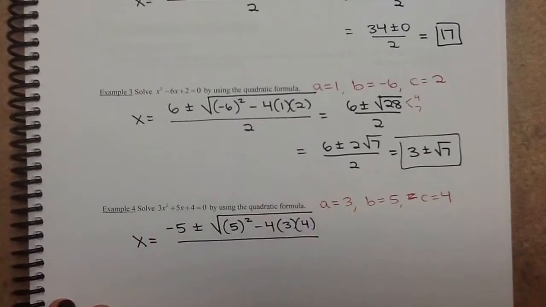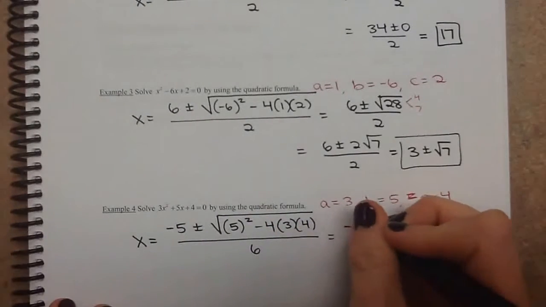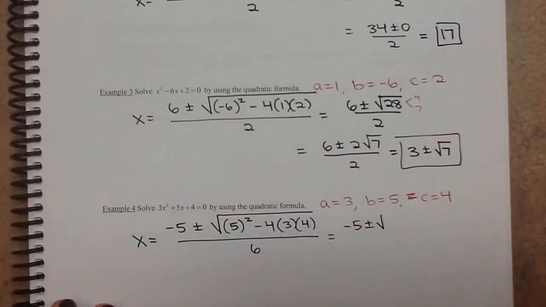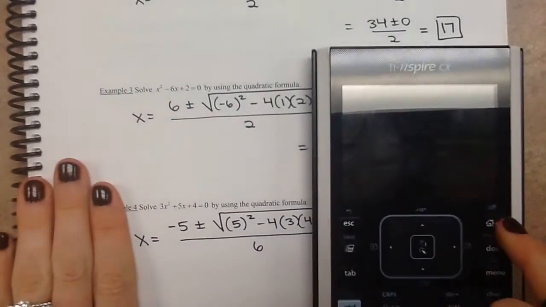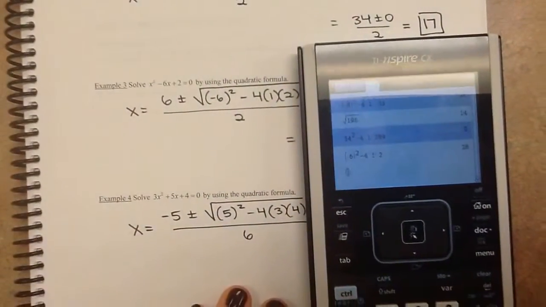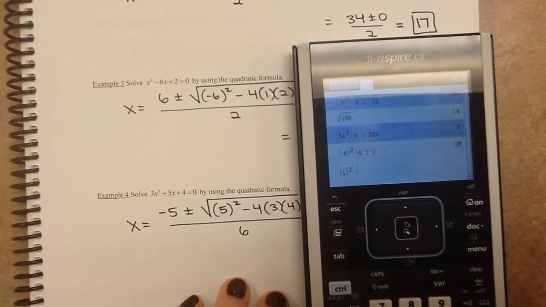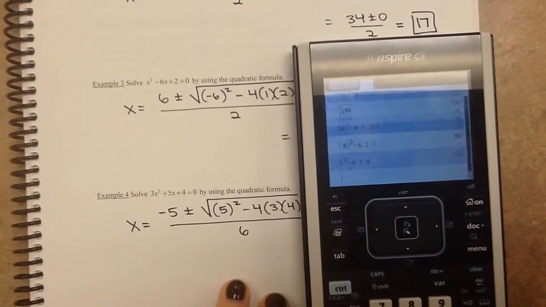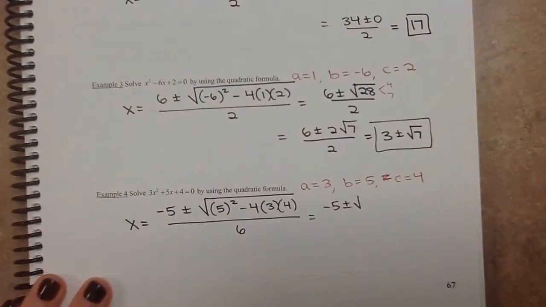And that is all over 2a, so 2 times 3 is 6. Okay, so one last time, plug this stuff into your calculator. So 5 squared minus 4 times 3 times 4. So I get a negative 23 under the square root.